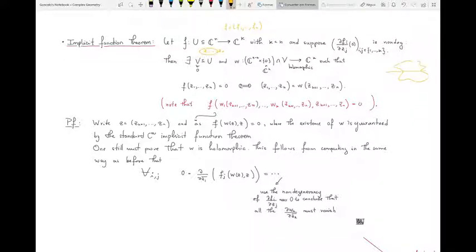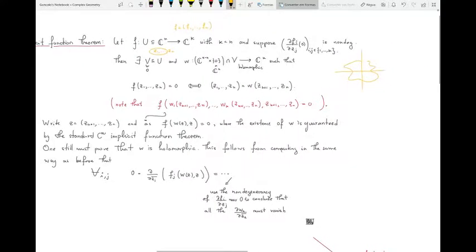And we have here C^n, and this is C^(n-k), and this is C^k. Then V intersect C^(n-k) is basically this region here, okay? So we have a map from there to C^k that is holomorphic.